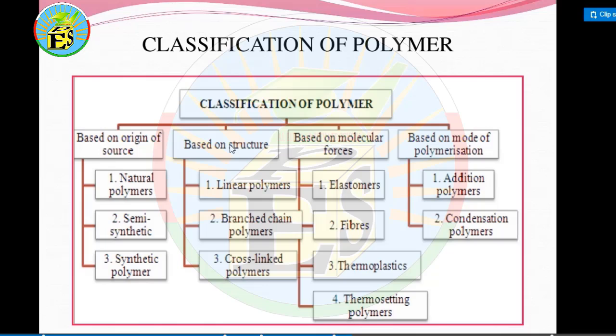Then based on structure: linear polymers, meaning straight chain polymers, branched chain polymers which have branches, and cross-linked polymers which have cross-links between each other. Based on molecular forces, meaning which type of bond is in between them: elastomers, fibers, thermoplastic, thermosetting polymers all fall in this category. Based on mode of polymerization: addition polymerization, condensation polymerization.